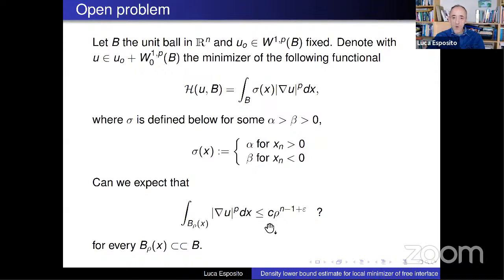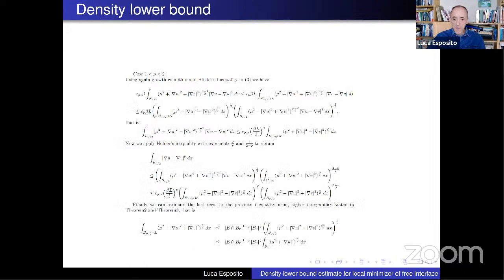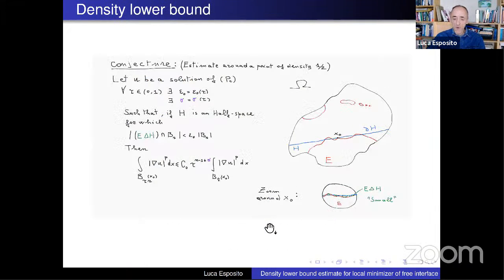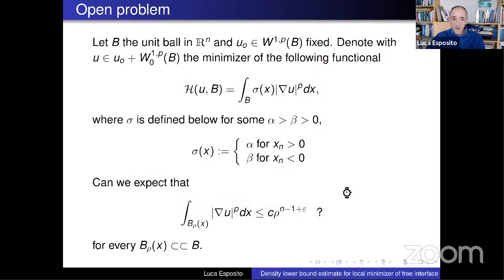Because when you do the comparison here, you do not compare with the minimizer of the p-Laplacian, because you have the half-space. In the picture you don't have the full ball, you have to consider the half ball.